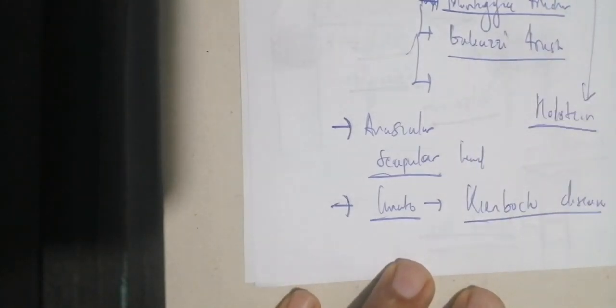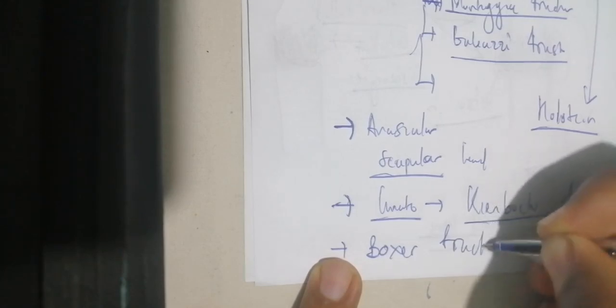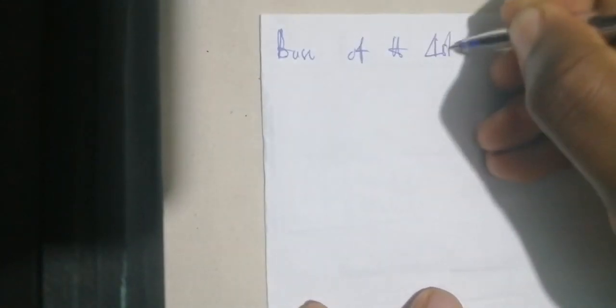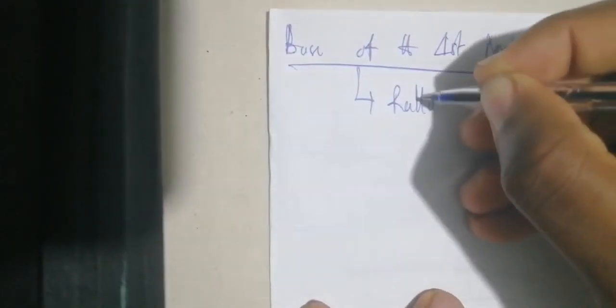Now, the next part is fracture of the head of the fifth metacarpal. When you have a fracture of the head of the fifth metacarpal, it's called the boxer fracture. Is it clear? Now, when you have a fracture of the base of the first metacarpal, it is called the Rolando fracture.